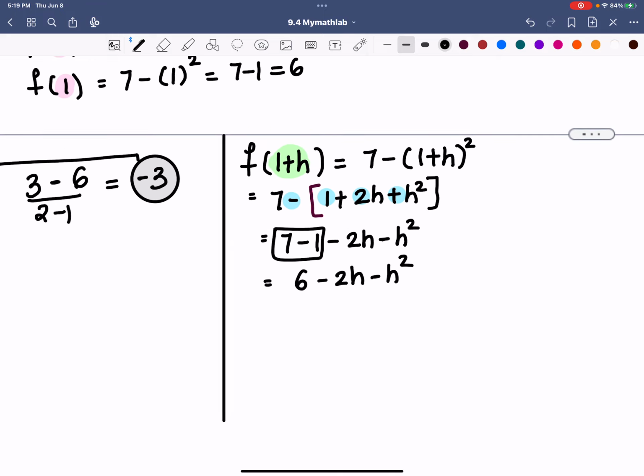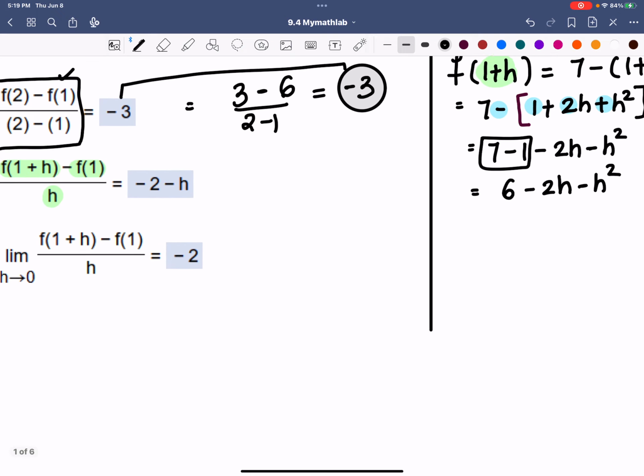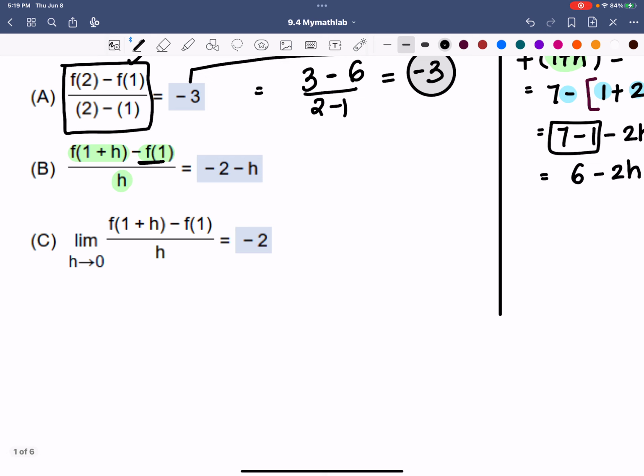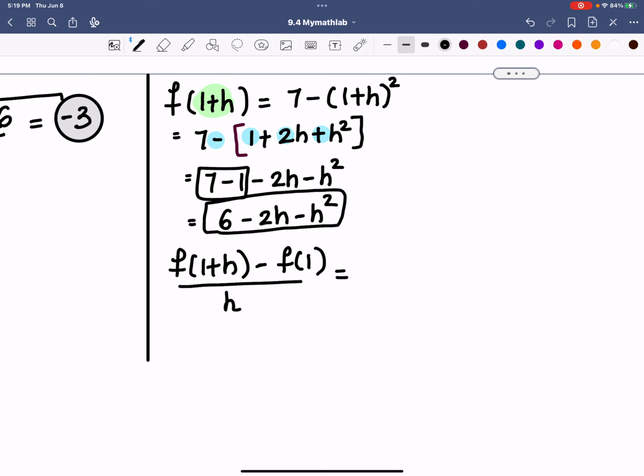And remember what they asked us? They asked us to find f of 1 plus h, which we did. And they asked us to subtract f of 1 and divide by h. So let's do it. I'm trying to find f of 1 plus h minus f of 1, divided by h. This is my f of 1 plus h, 6 minus 2h minus h squared, minus f of 1.